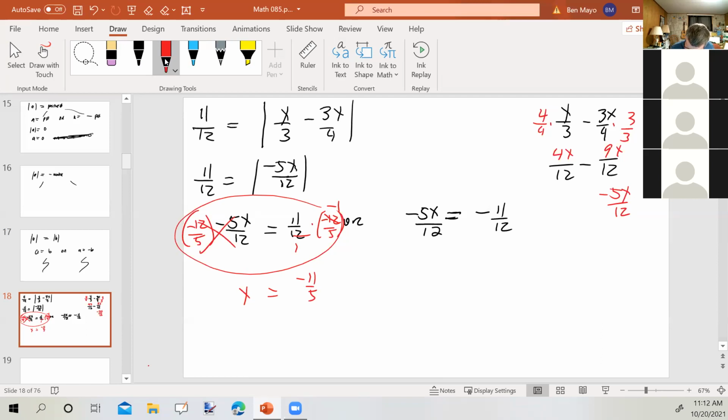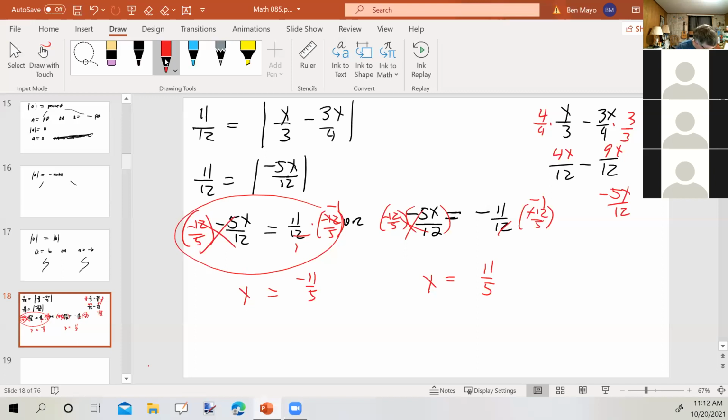Now, second equation, I'm going to multiply both sides by -12/5, and I get x equals 11/5. So I get two solutions. We okay with that? Yes, thank you.